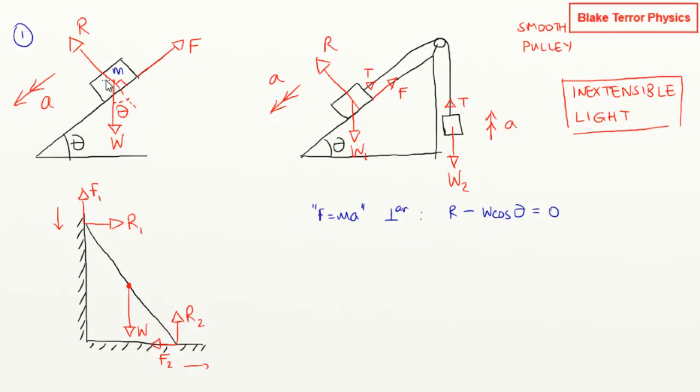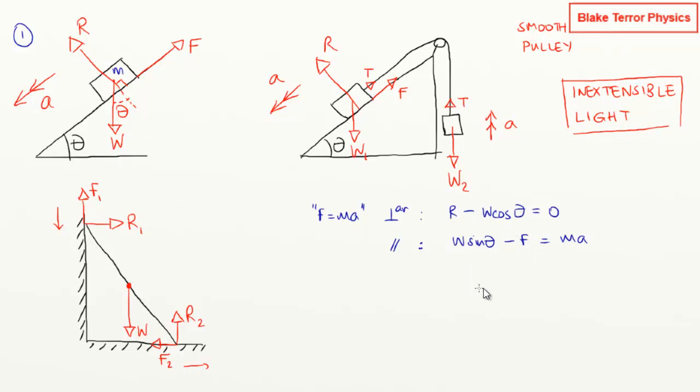We've got our F equals ma parallel to the slope, which is going to be W sine theta going down the slope minus F going up the slope is equal to ma, because we do have an acceleration this time. So we can see we've got 2 equations here with 1, 2, 3, 4 unknowns: F, W, R and theta.